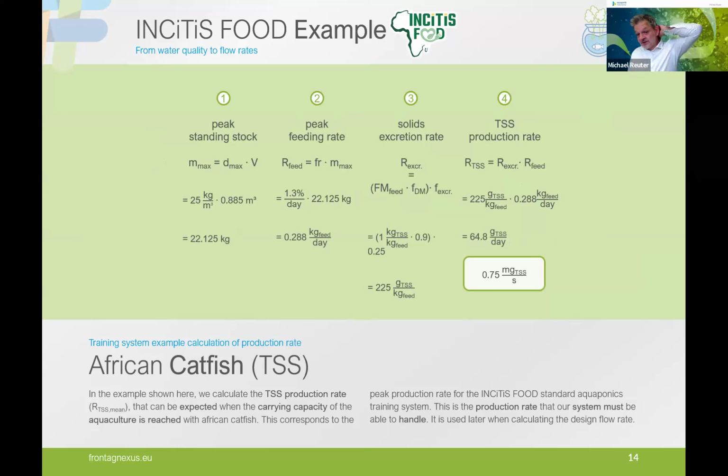And we can do quite the same for the dissolved solids. Here also we have to take the peak feeding rate that we have, and we know that we have about 225 grams of total soluble solids per kilogram of feed.